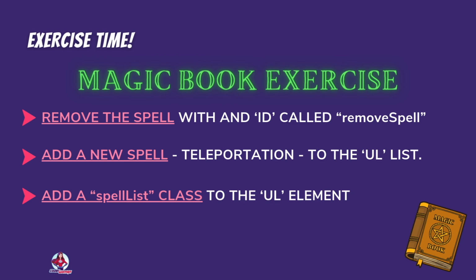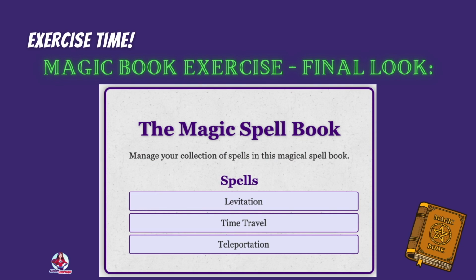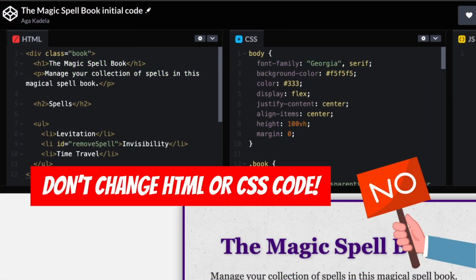Finally, your task will be to add the class named spellList to the UL element. After all these changes, you should get the spellbook to look the same as you see it on the slide. And of course, you will do all this using JavaScript and the methods learned today. You can't change anything in the HTML or CSS section.